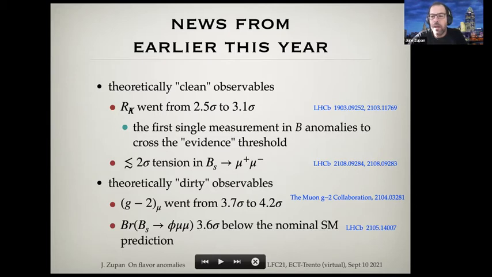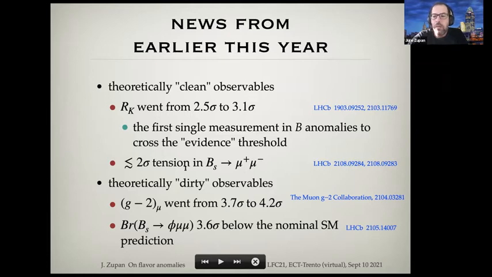So R sub K, the ratio of B to S mu mu over the electron, went from 2.5 sigma to 3.1 sigma. So that's now the first measurement in the B anomalies that crosses this evidence threshold. Another important thing that happened is that there's slight tension in the B sub s to mu plus mu minus decays.